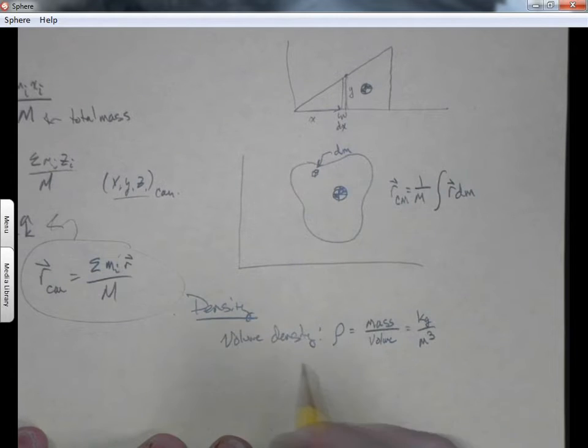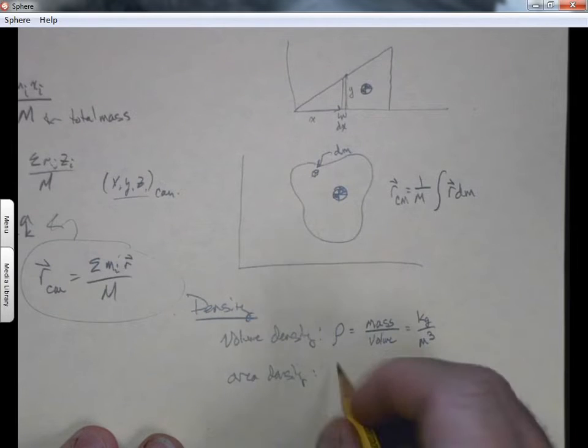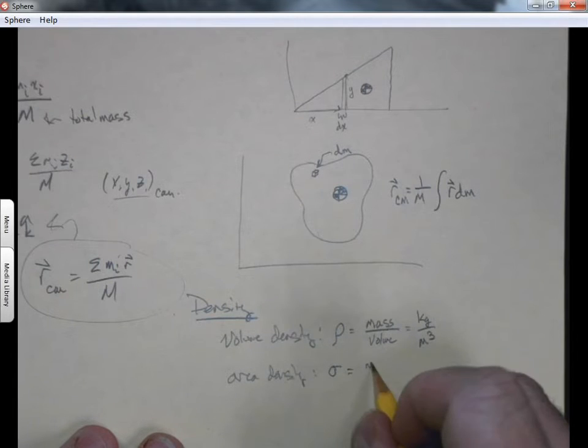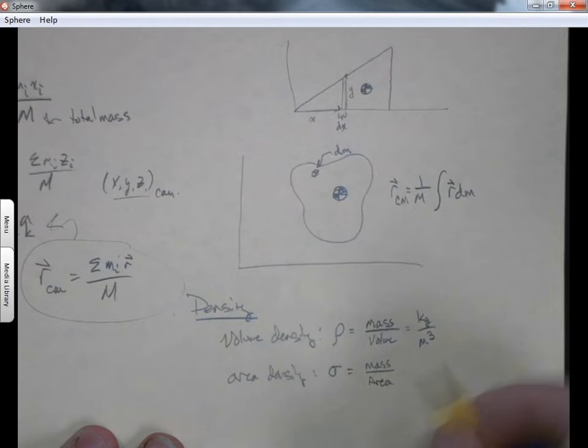Now we have two other types. We have area density. This is given by a lowercase sigma, and that equals our mass over our area, or kilograms per meter squared.